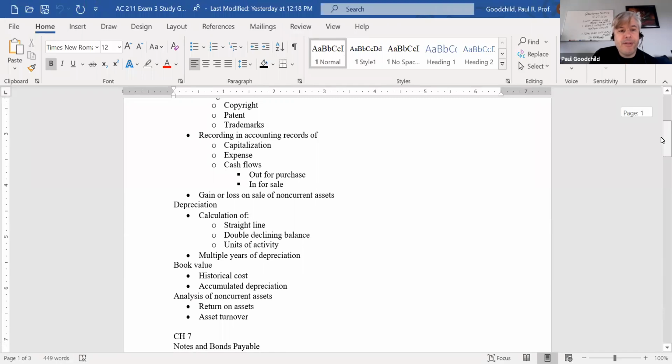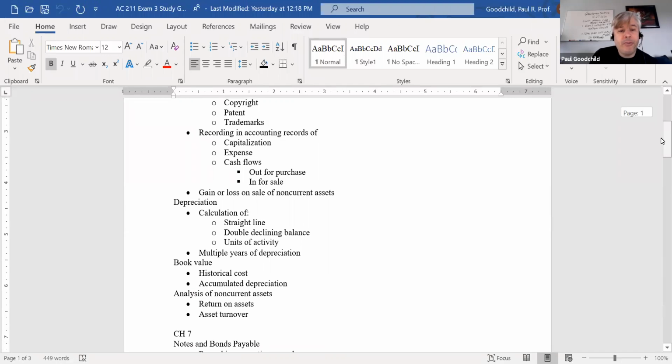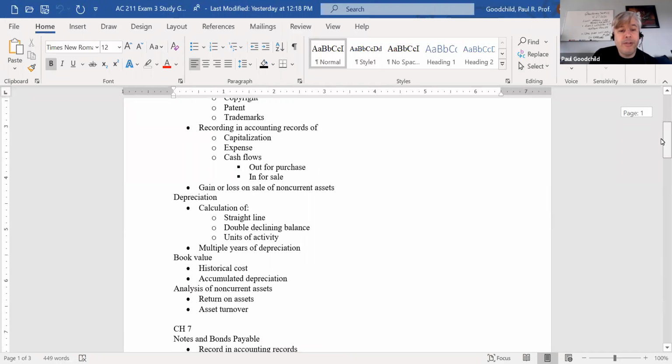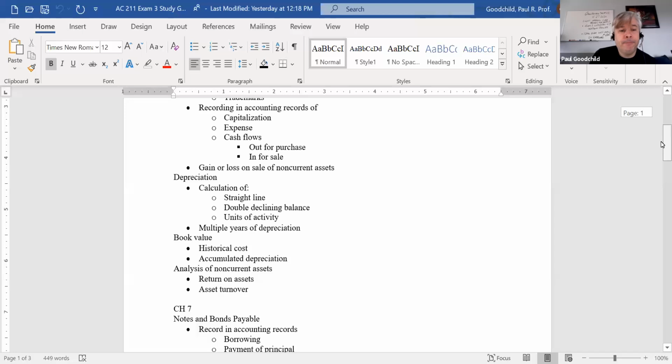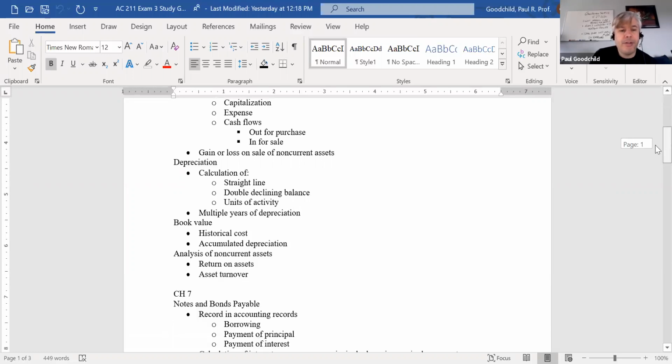So the three methods of depreciation that you'd have to calculate are straight line, double declining balance, and units of activity. And you could have to do multiple years of depreciation or the second or fifth year in any particular depreciation schedule.